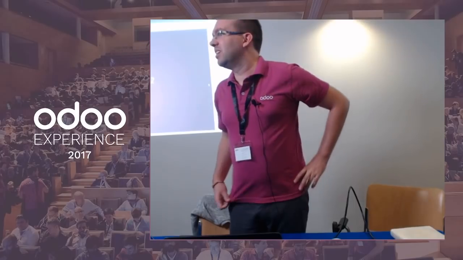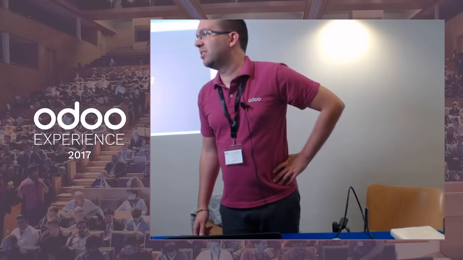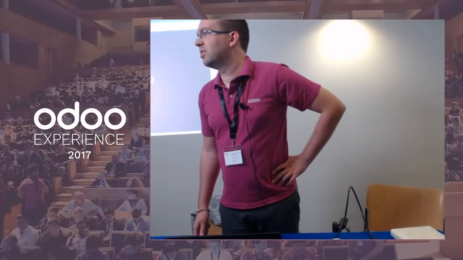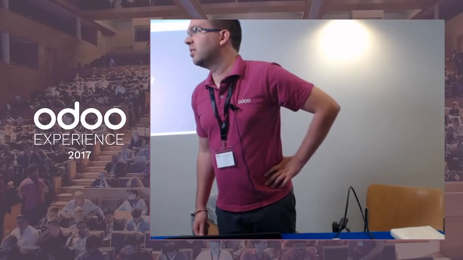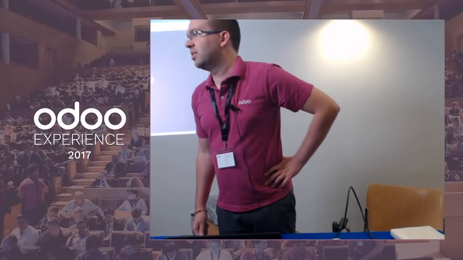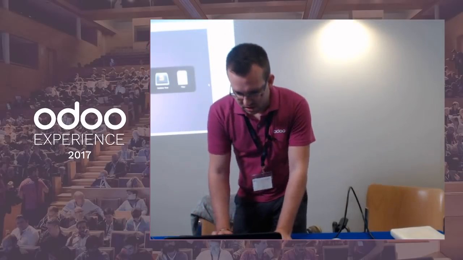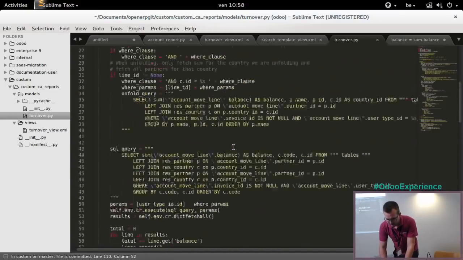You said that when you create a report, the column names will appear in that order. But I missed the part where you say this is a country, this is a balance. If you want, for example, to switch that, to be first the balance and then the country, you can. I missed that part in the code. Then you map the column name and the column base.